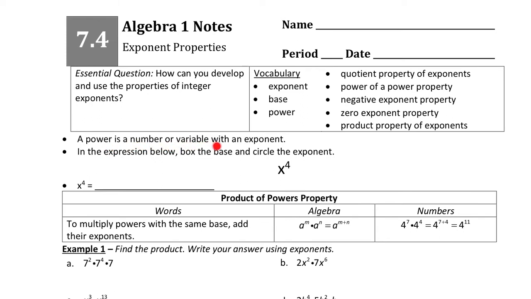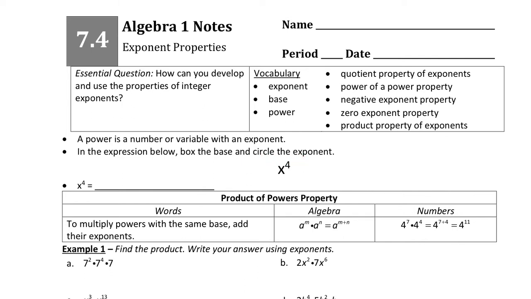Power is a number or a variable with an exponent. So this whole thing, x to the fourth, together is called a power. Sometimes we'll say raised to the power of 4, but it's really the whole thing together that is the power. We're asked here in this expression to box the base and circle the exponent.